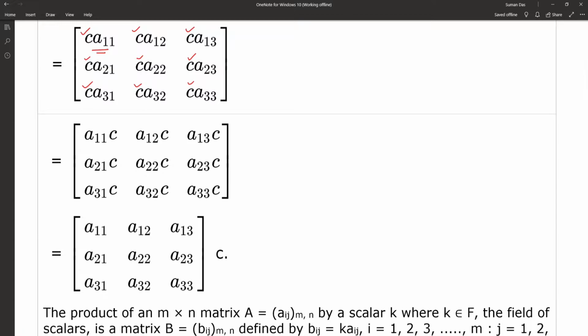In real number multiplication, A cross B is also B cross A, that means it is commutative.